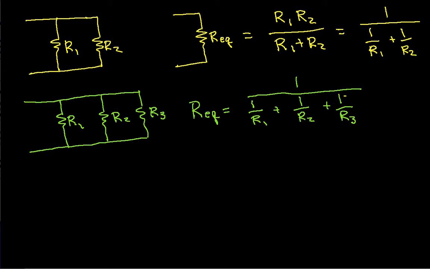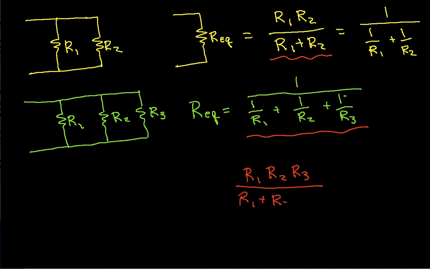But the temptation is to take this expression, which is kind of nasty looking, and try to turn it into something that looks like this. And almost invariably what people try to do is write it as R1 times R2 times R3 over R1 plus R2 plus R3.